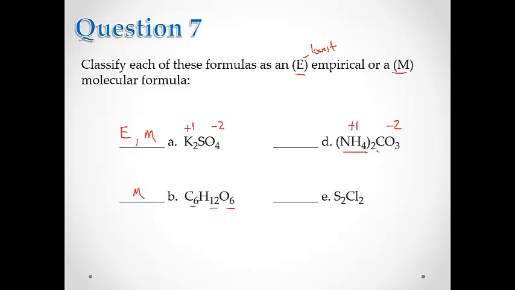It is in the simplest form possible, so it is the empirical formula, but at the same time, again, is the actual formula for ammonium carbonate. So that would be a molecular formula as well. And then the final one, I can see that they both have 2's, 2 atoms for each one. Could be simplified down, so that one is the molecular formula, not the empirical.